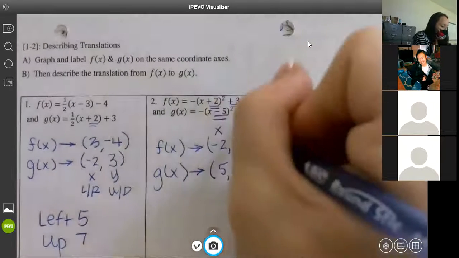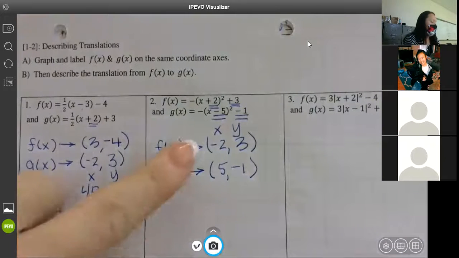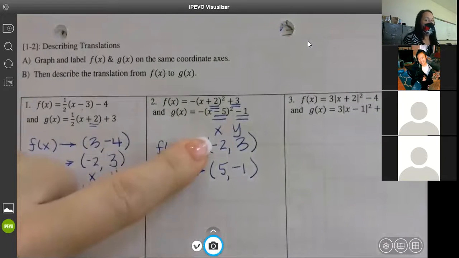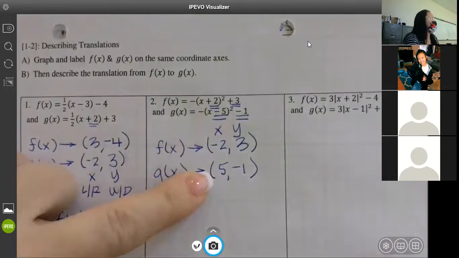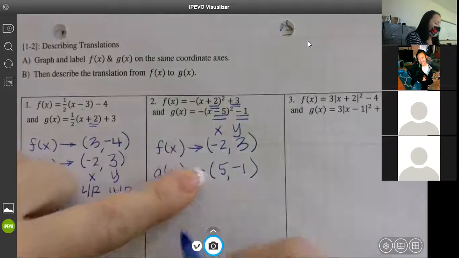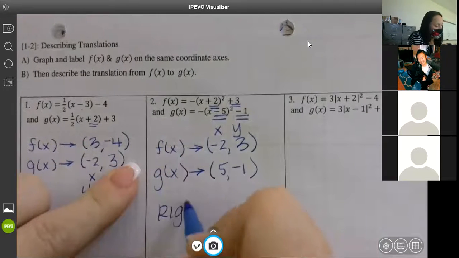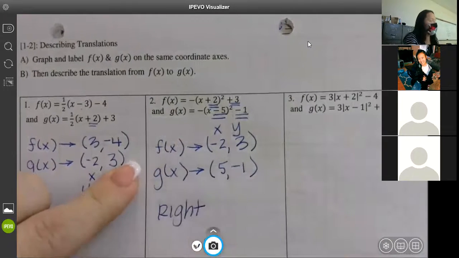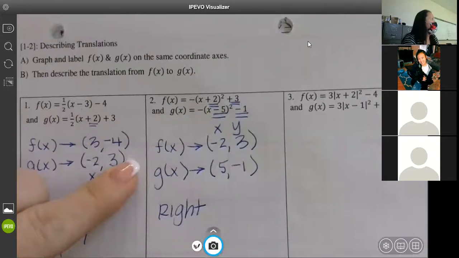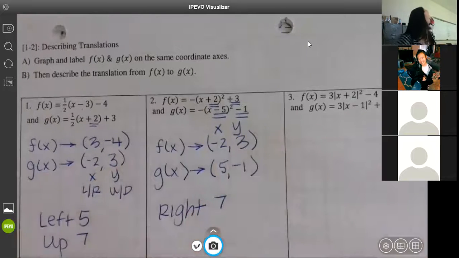Remember, this is your x and this is your y. On my x-axis, if I go from -2 to 5, what direction am I going in? Right? And then how many units apart is -2 and 5? 7.